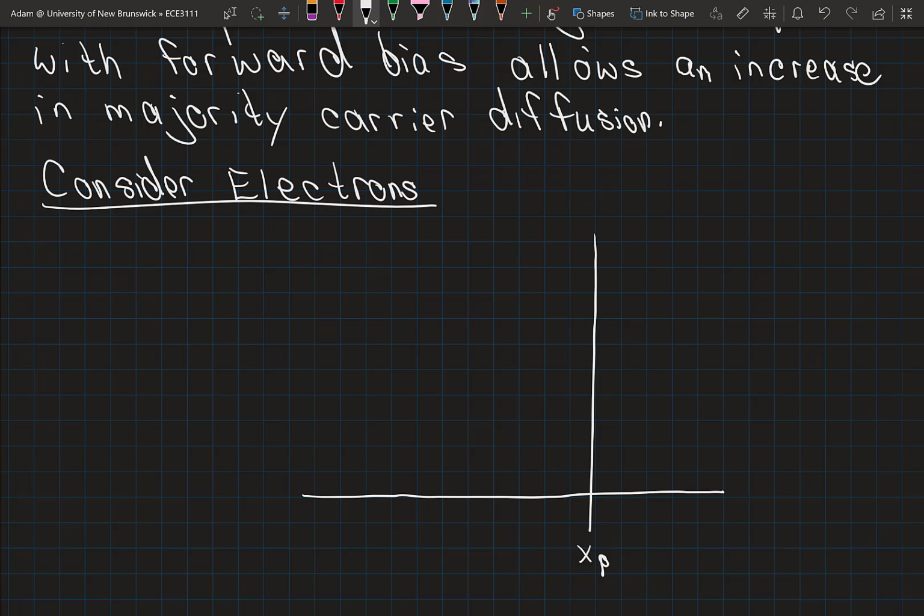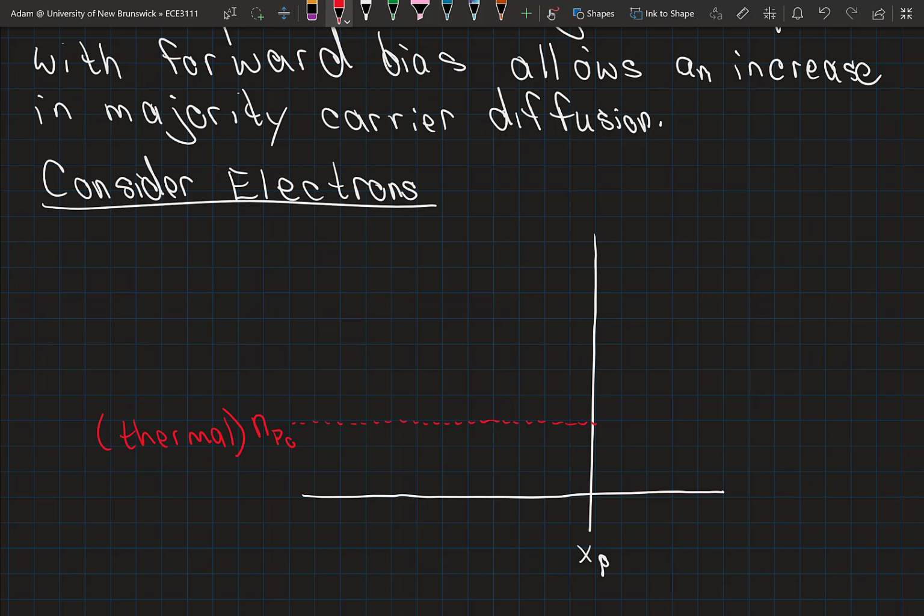We know that there is some concentration of minority carriers with zero bias that are a result of thermal generation.